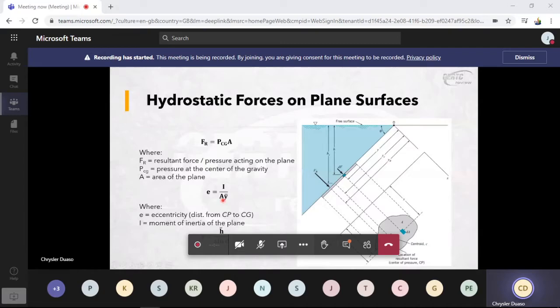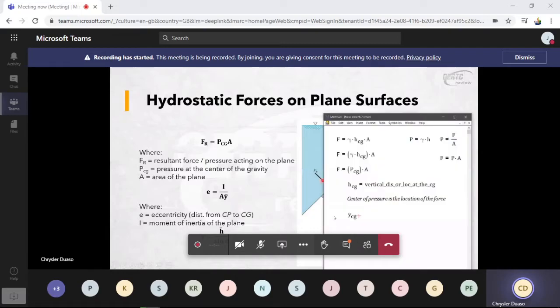So area is no problem, but y bar, let me settle y bar. Now, y bar here is actually the location. Y bar, or YCG, is actually the location of the center of gravity.